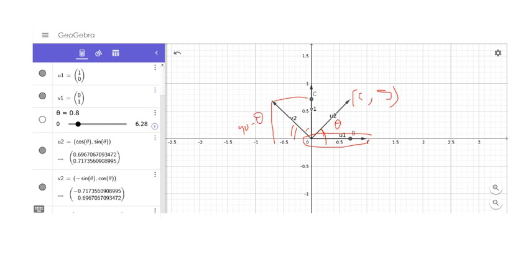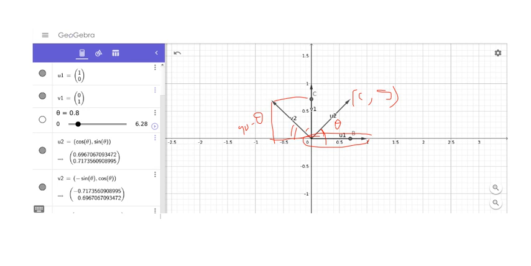So this length, the x projection, will be v2 cos of 90 minus theta, that is nothing but sin theta, and this part will be minus sin theta. And here, the y component: sin of 90 minus theta will be cos theta, right?